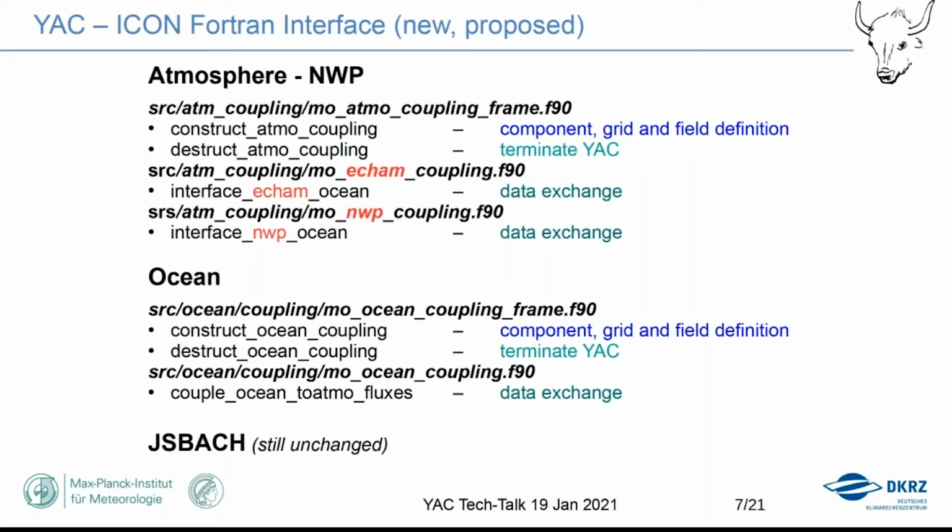As the grid definition is the same for the ICOM physics and the NWP physics in the atmosphere, the proposal is to have the definition phase separated out into one file and one routine, which is then called, while the data exchange itself is different for the ICOM physics and the NWP physics, simply because the arrays live at different places. For the ocean, there's no change, hopefully.